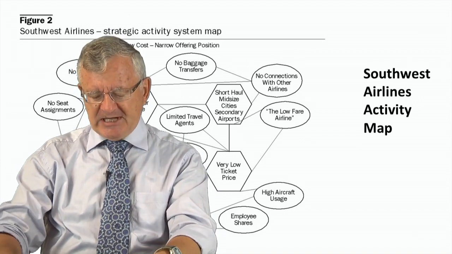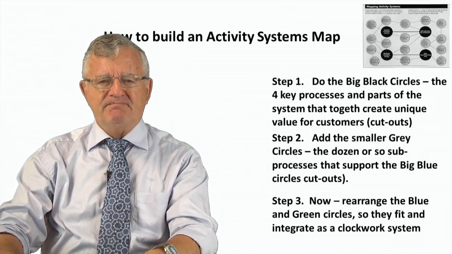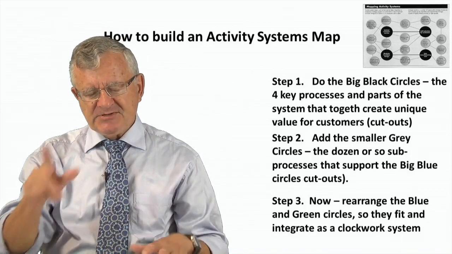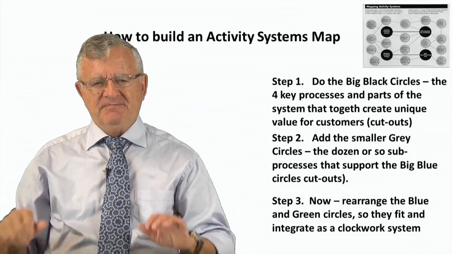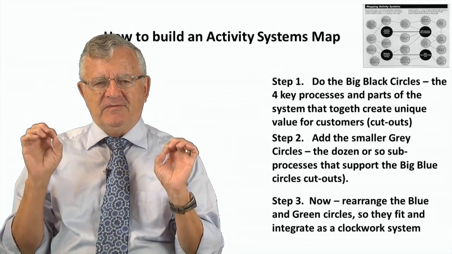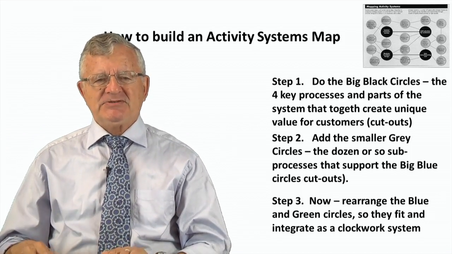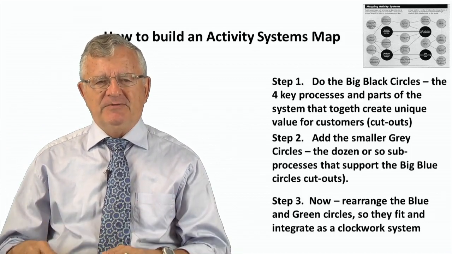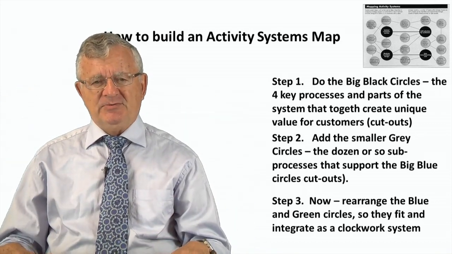So here's the how-to, here's the formula. How do you build an activity systems map? Take a piece of paper, cut out 4 big black circles, 4 circles, and then write down the 4 key processes, the operational aspects of creating the value. And these 4 things create unique value for customers.